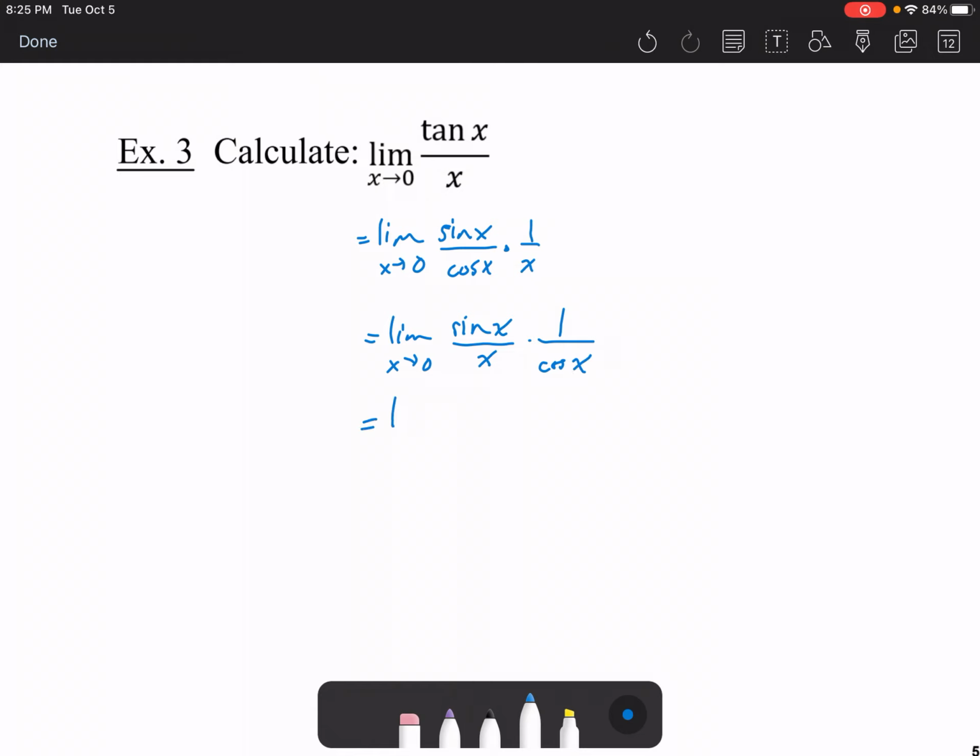And again, we can break up limits in terms of multiplication, so we can work out the limit of sine x over x, multiplied by the limit as x approaches 0 of 1 over cos x. We just investigated that the limit as x approaches 0 of sine x over x is 1, and in the other limit we can substitute 0 in there, which is also 1. So this limit turns out to be the value 1.